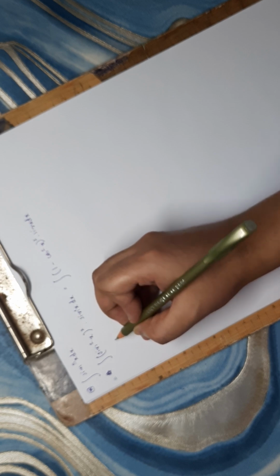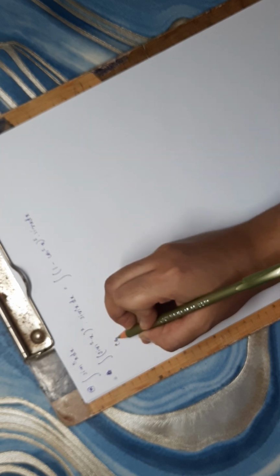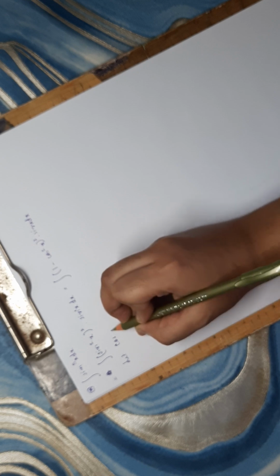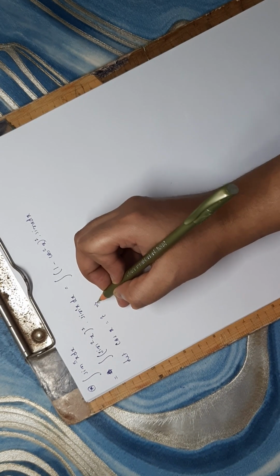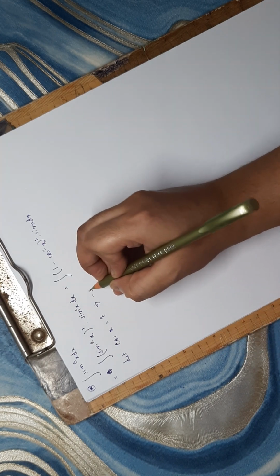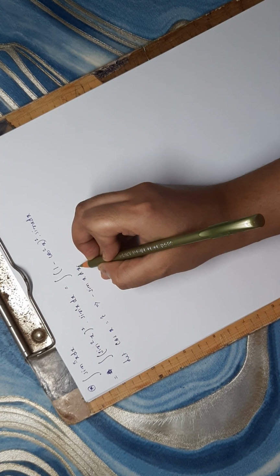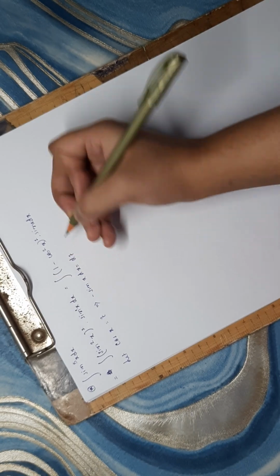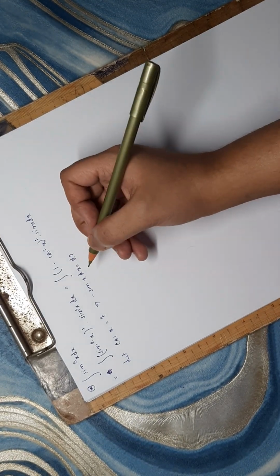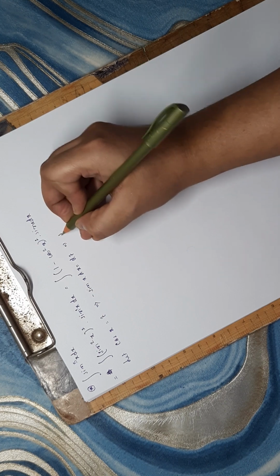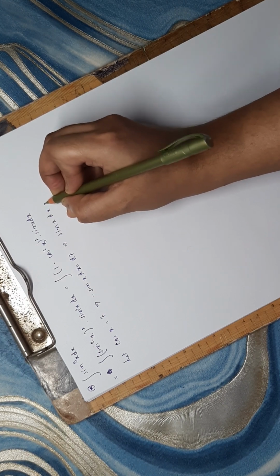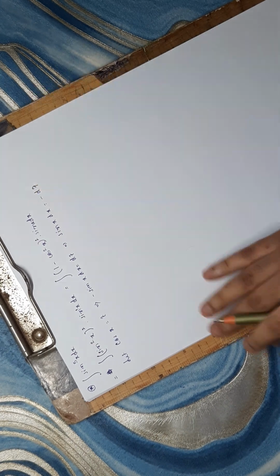Let cos x equal t. Once we do that and take the derivative, we get minus sin x dx equal to dt, right or not? So what will be our ultimate job? To replace sin x dx, right? So this minus sign will be shifting here.